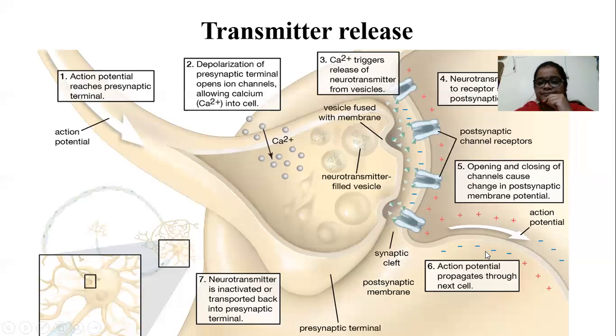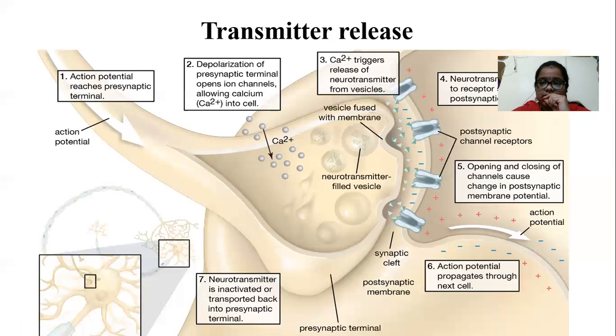Then that action potential is propagated to the next cell. This one is the presynaptic neuron and this one is the postsynaptic neuron. After arrival of the action potential, there is a release of neurotransmitter, which binds with receptors present on the postsynaptic neuron. The receptors contain ion channels.